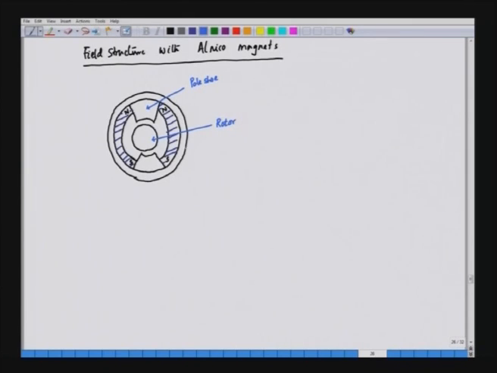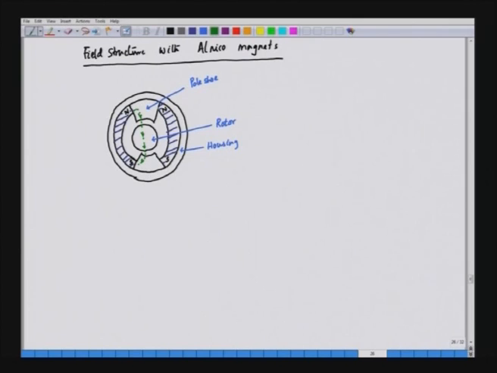This is the housing of the stator. And what about the flux lines? The flux lines will start from the north pole, pass through the air gap and the rotor core, and will enter the south pole. So, this is the direction of the flux lines.